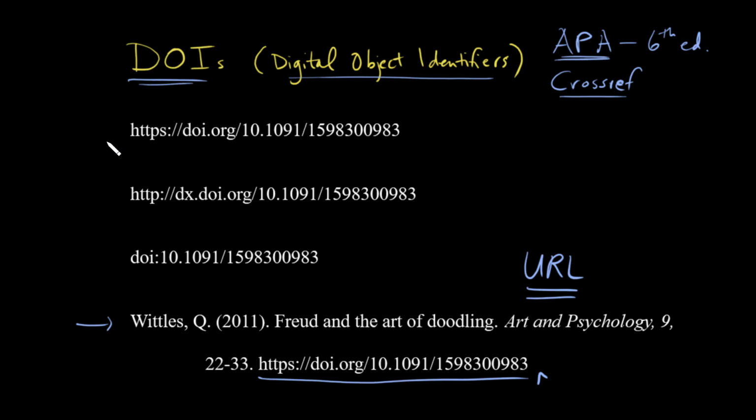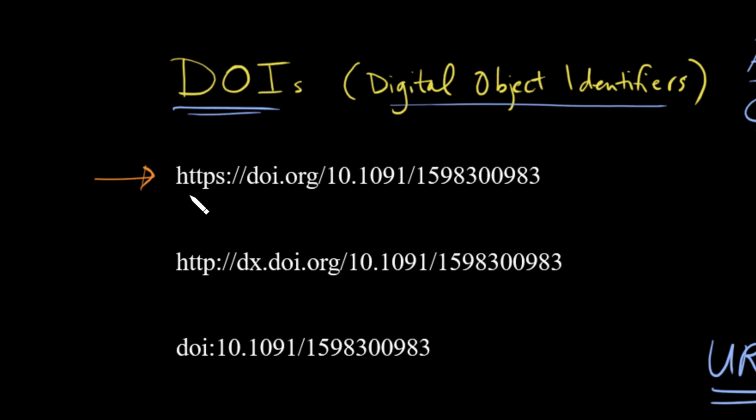As you can see, we have 3 kind of formats for providing DOIs, and this is where it gets quite confusing. But the one you really need to know about, the one that's in use at the moment, is the first one. And I'll try to unpack a little bit what the different parts of the DOI are. What we have here then is we start with a secure transfer protocol.